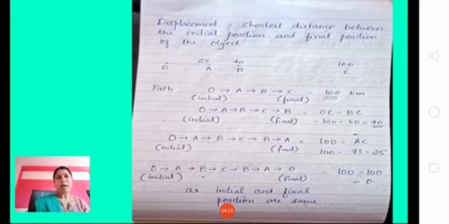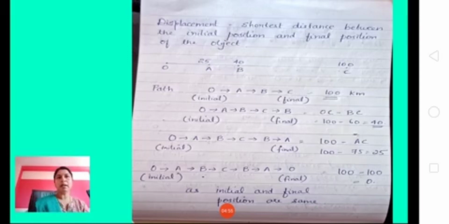Take another example. Now the object has travelled from O to C, then while returning back it is passing through B and it is going to stop at A. So the initial position was O and the final position is A. So the length between O and A is 25 kilometers, and that is going to be the displacement value.